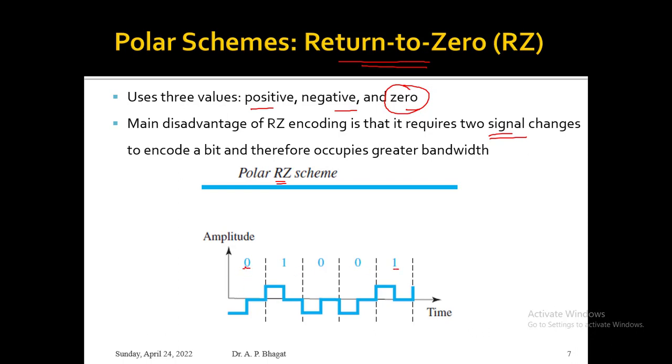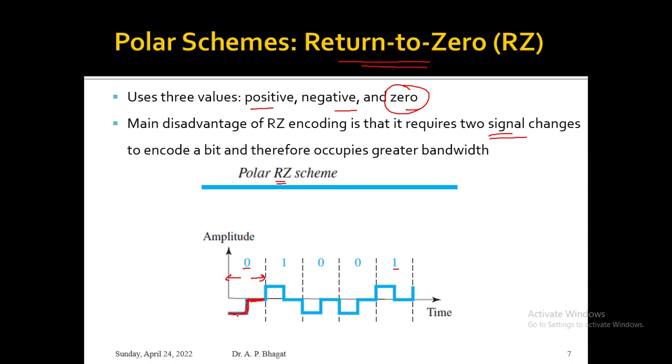Now you can see that 0 is represented using negative voltage, but during this first bit duration the signal is returning to 0. So for representing 0, there are two signal changes: one is negative voltage, and again the signal returns to 0, so the 0 level is also utilized.